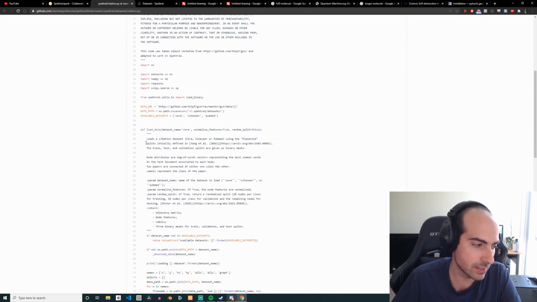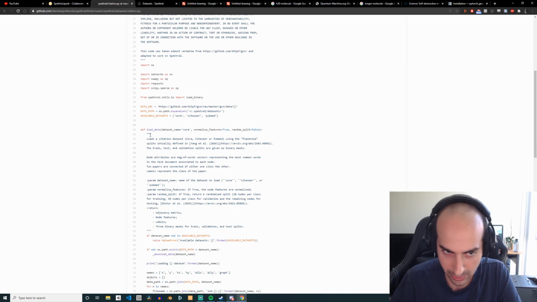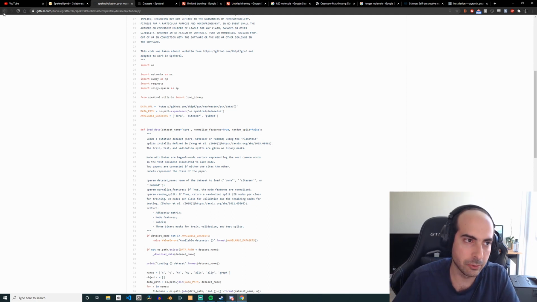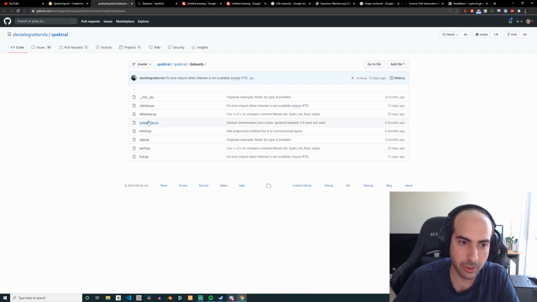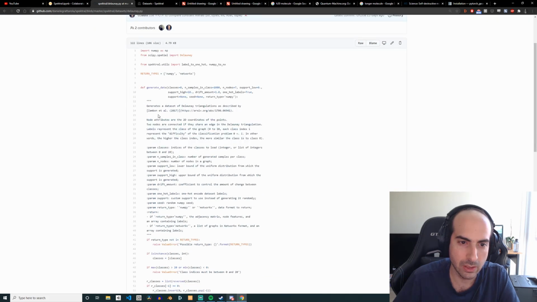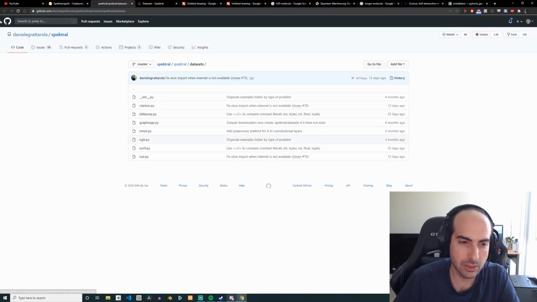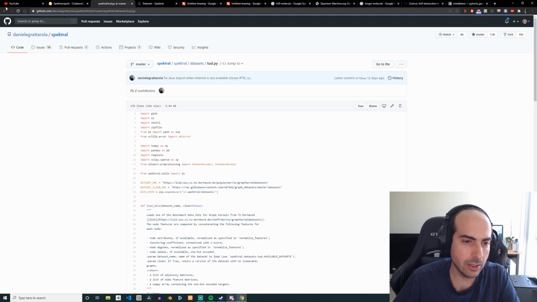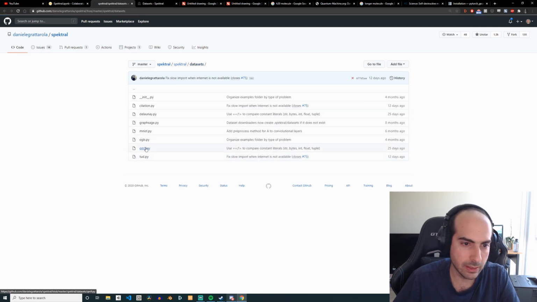When you think of citations, they have a graph-like structure because researchers cite each other depending on their work. Delaunay, I believe, is the triangulation algorithm, if I'm not mistaken, or a way to map stuff into D-space. But like I said, the main one we're going to be looking at today is QM9.